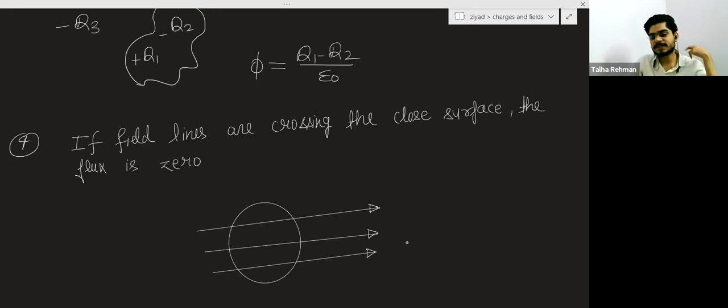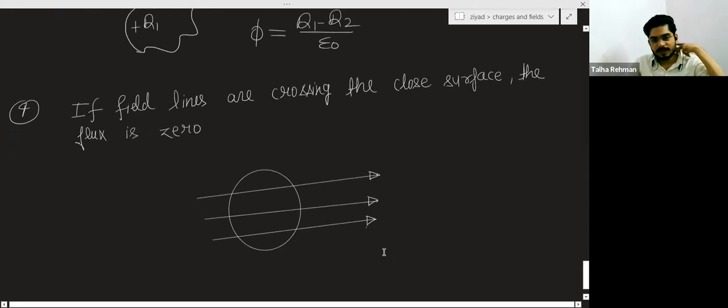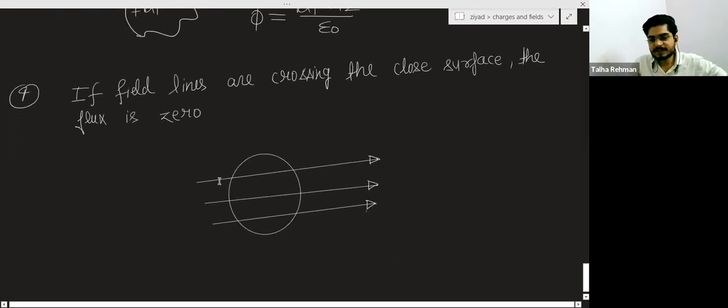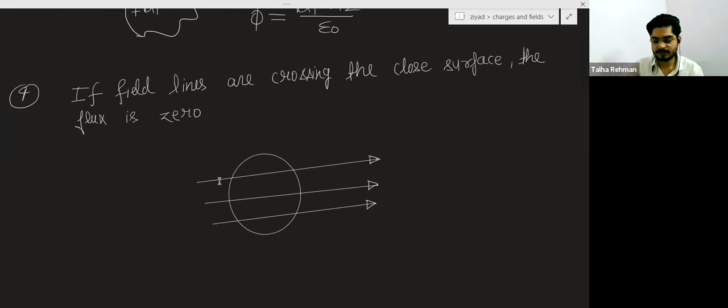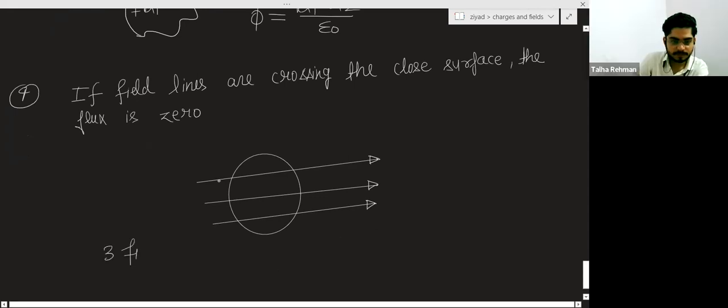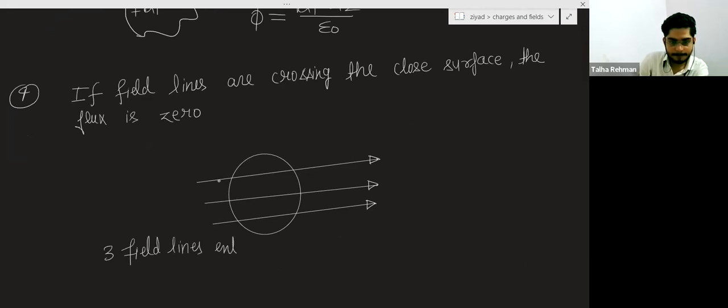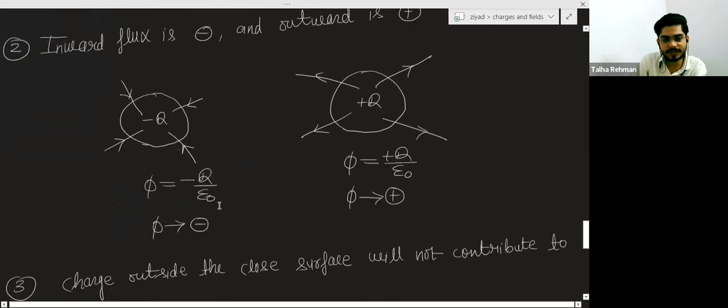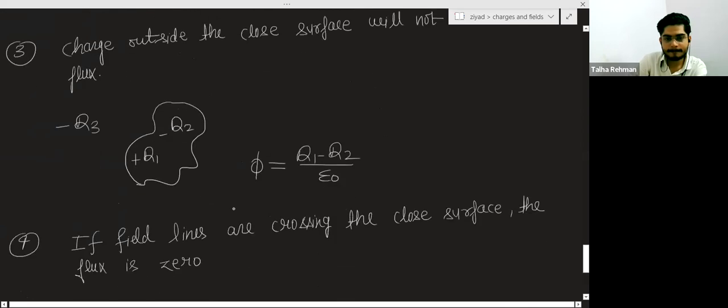So you can say here, the number of electric field lines entering the surface is equal to the number of field lines going out of the surface. So here three field lines are perpendicularly entering. Entering flux you will take as negative, so phi1 is equal to minus 3.